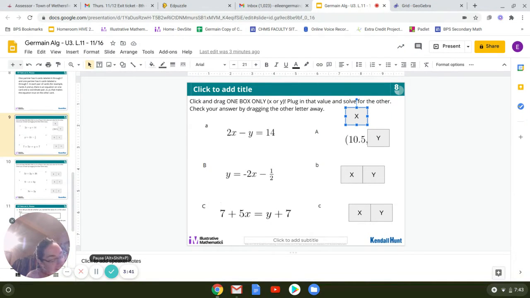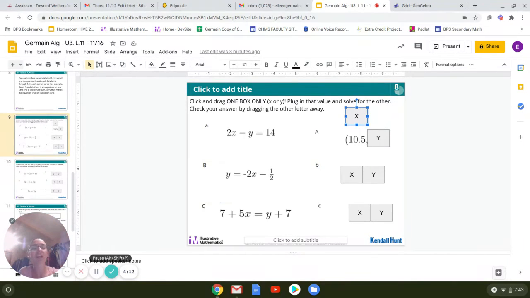But we can't have a negative y. Remember, that's like saying there is a negative 1 in front, like a negative 1y. To undo that negative 1y, we need to divide both sides by negative 1. Negative 7 divided by negative 1. Y is equal to positive 7. I hope that's what you got.